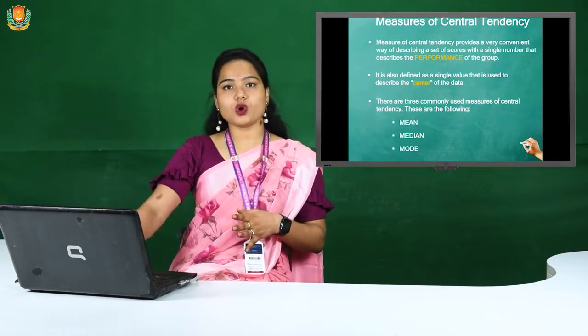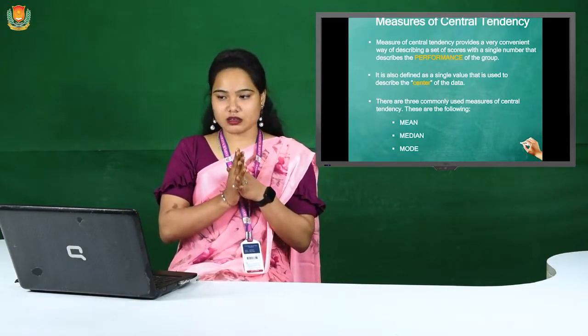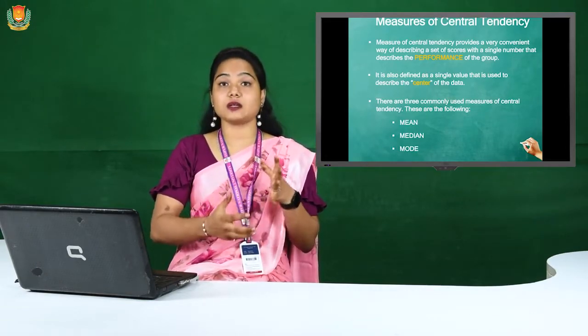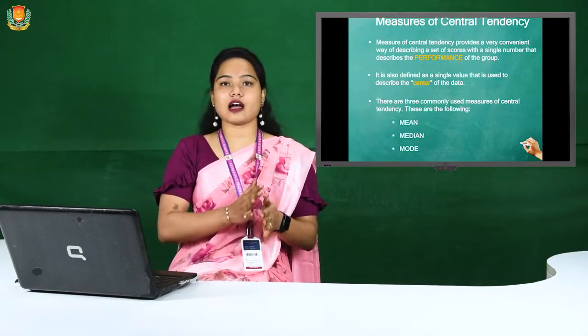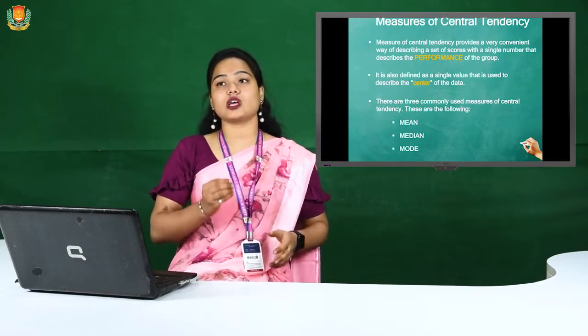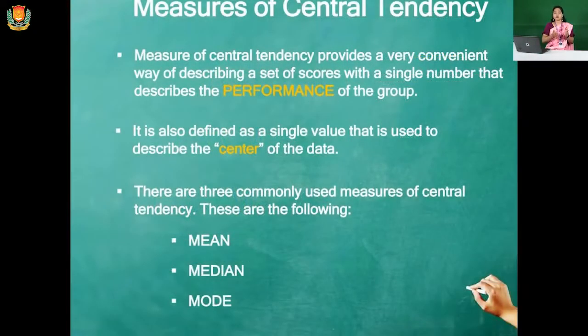So what do you know about central tendency? By using central tendency, we describe the performance of the group. If we have a lot of data, and from that data we need to calculate the mean, mode or median, then we have to gather all of the qualitative and quantitative data so that we can conclude our decision for our respective performances, right?